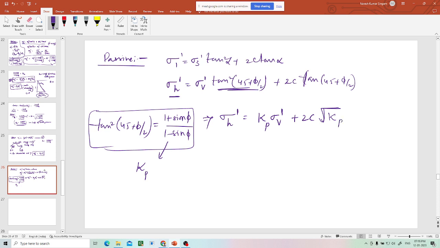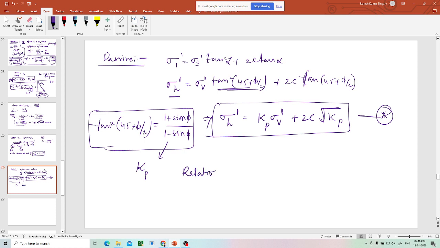So this is the formula to find out passive earth pressure, where Kp is (1 plus sin phi) by (1 minus sin phi). Now, what is the relation between Ka and Kp?